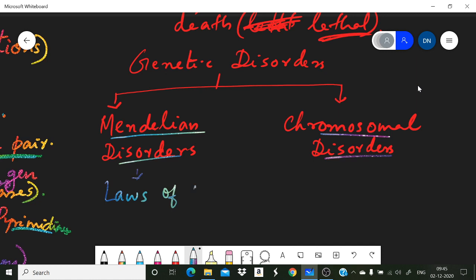They occur in autosomal genes and are determined by mutation in a single gene.